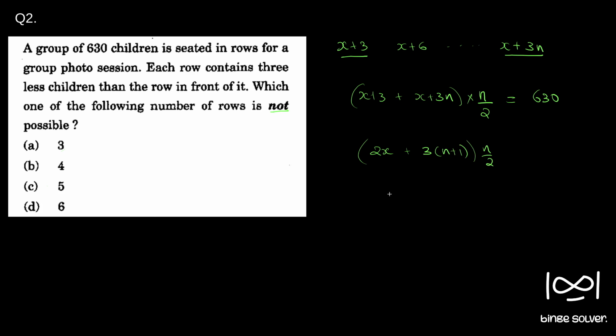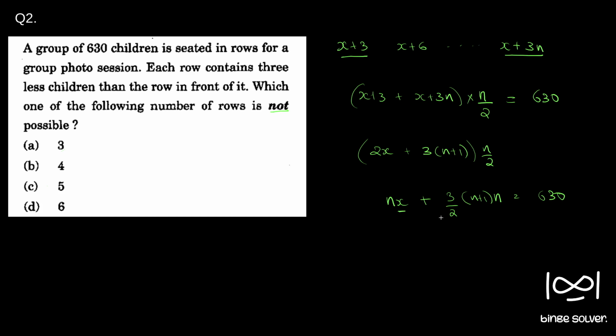If you take n by 2 inside, we get nx plus n into 3 by 2 into n plus 1 is equal to 630. Now this is a general formula. You can apply it for each n and check whether we get a whole number x. If x is a fraction, that means we cannot arrange it in this manner. So you can check for each n.